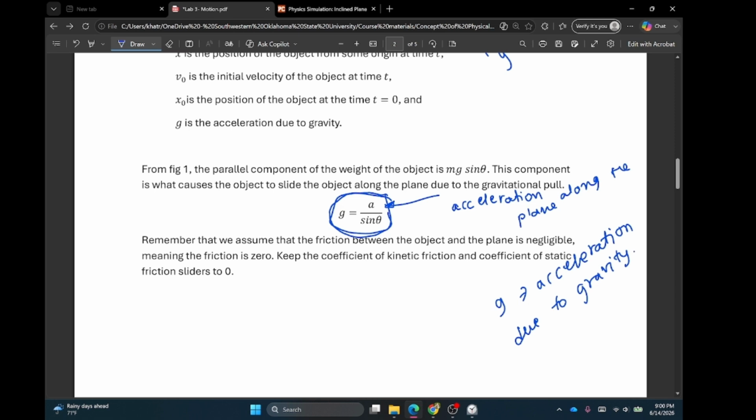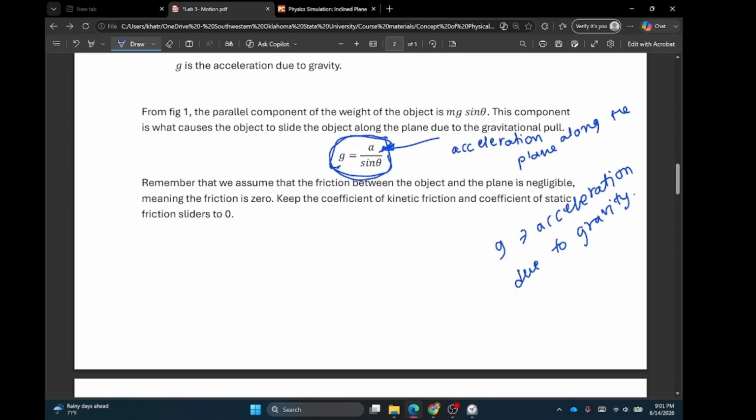So these two accelerations are completely different things; in other words, a is the component of this g along the surface of the incline.